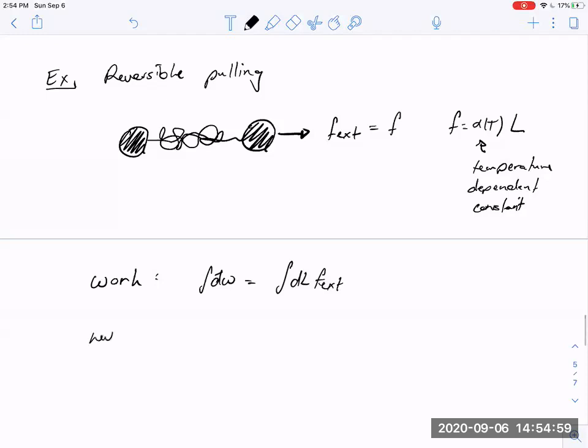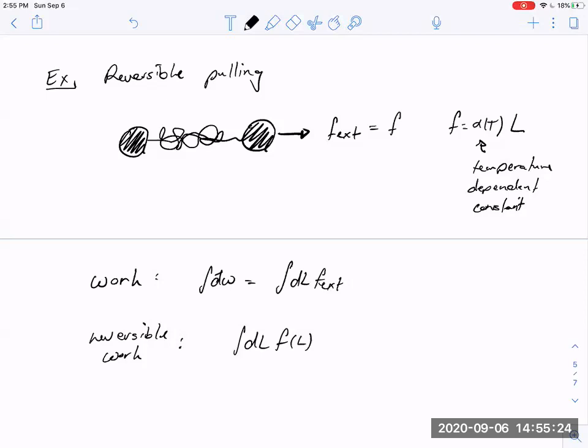The reversible work, so that is general, the reversible limit, therefore, is given by an integral over dl times those internal forces of the system, which, as we've just noted, are themselves a function of L.